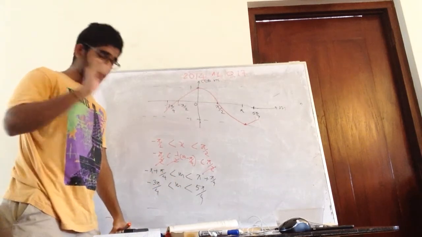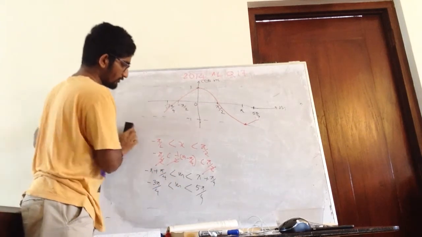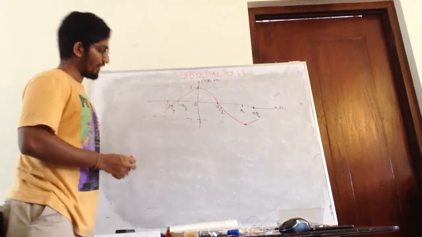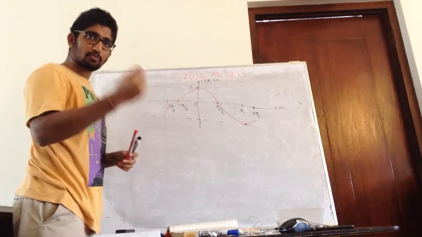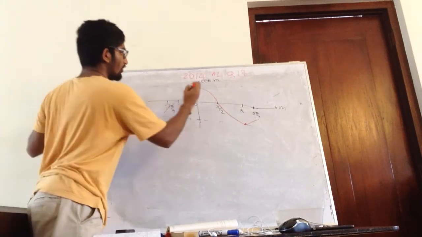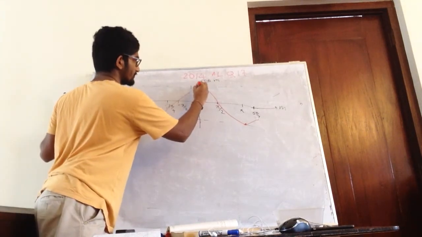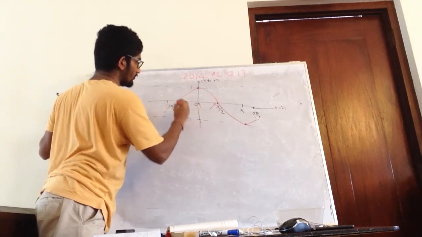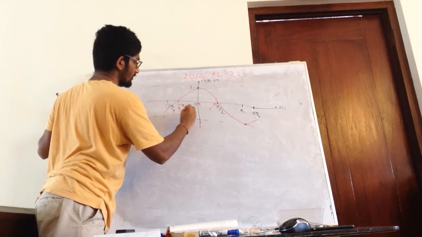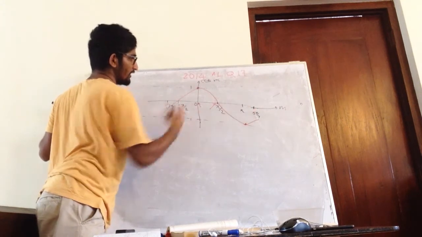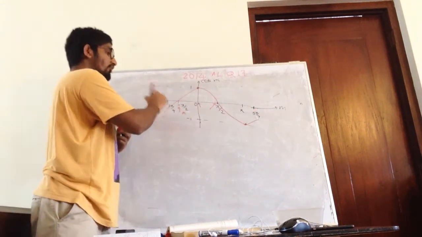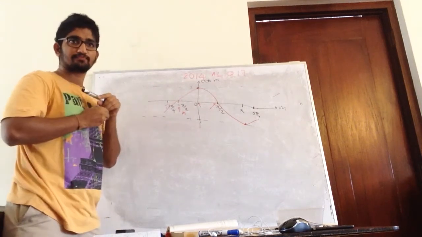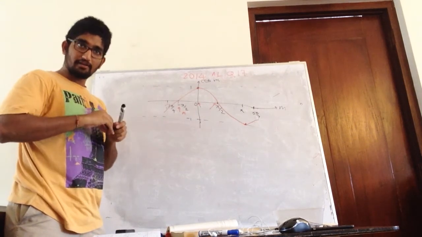Now what we have to get is the corresponding values of these. That means when m equals 0, when m equals 5 over 2, when m equals minus 5 over 2, and for this we need to even get the endpoints, right?